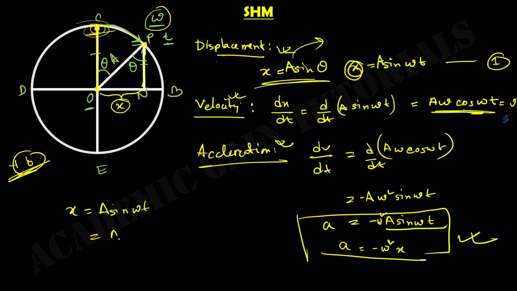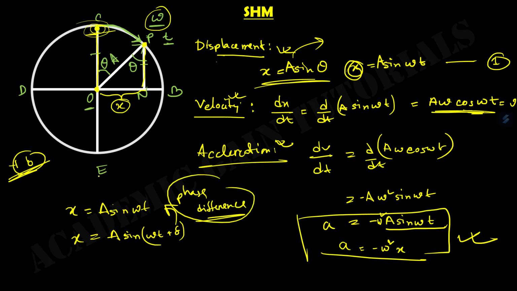Then our displacement equation will look like a sine omega t plus del, where del represents our phase difference. When we solve math problems, we will see why this phase difference is important.